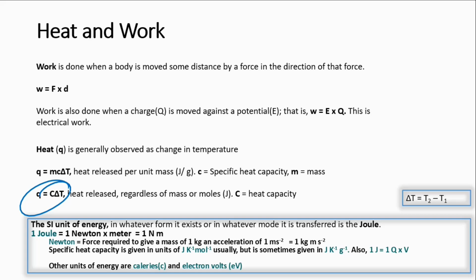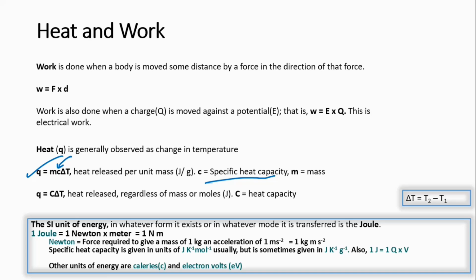Alright? Now let's look at the first case. Q is equal to mc delta T. Now notice that the c is in lowercase. Lowercase c is the symbol for specific heat capacity. Now, what is specific heat capacity? It is the energy required to increase the temperature of 1 unit mass of a substance by 1 unit of temperature.